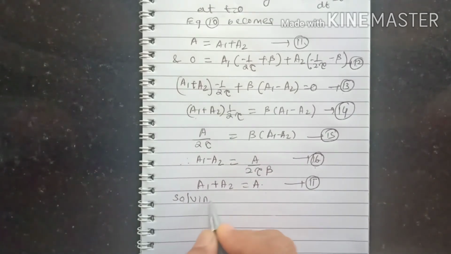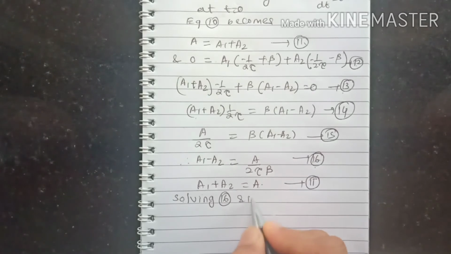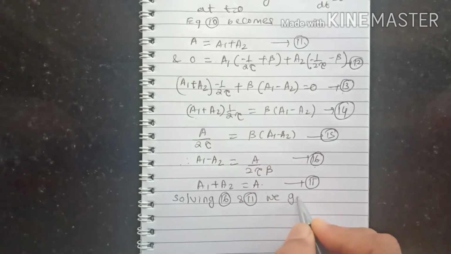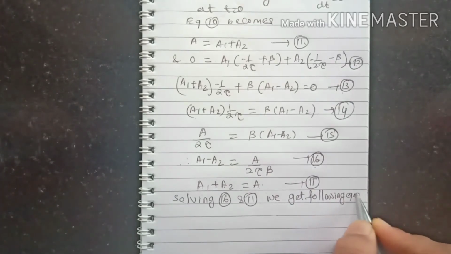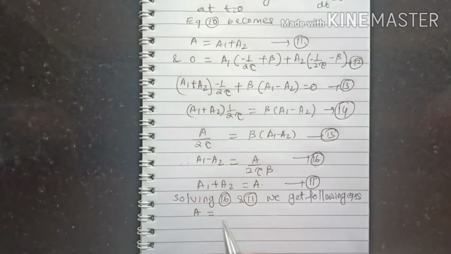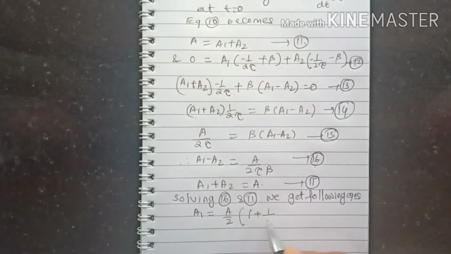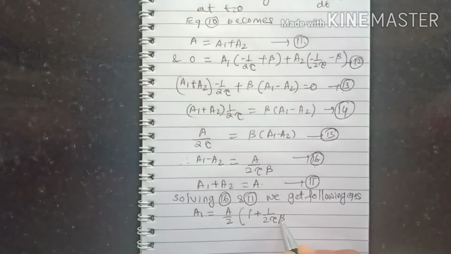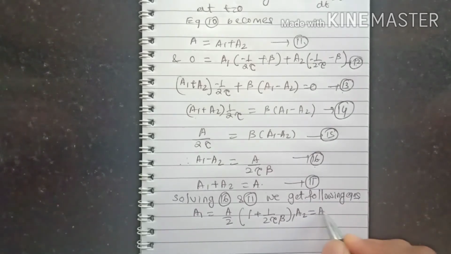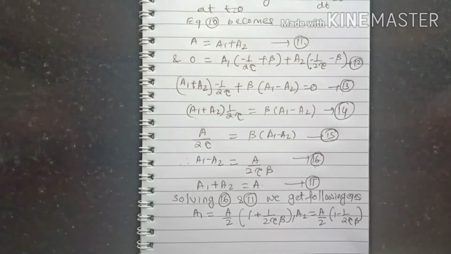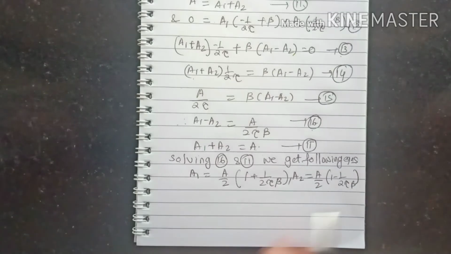So solving equation number 16 and equation number 11, we get the following: a1 is equal to A by 2, which will come common, times 1 plus 1 upon twice tau beta, and a2 will be equal to A by 2 with the negative sign, 1 minus 1 upon twice tau beta. These two we get, correct?